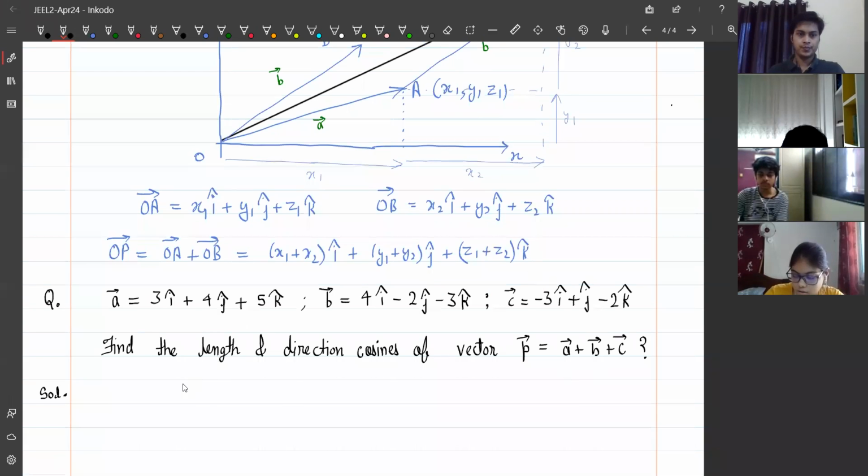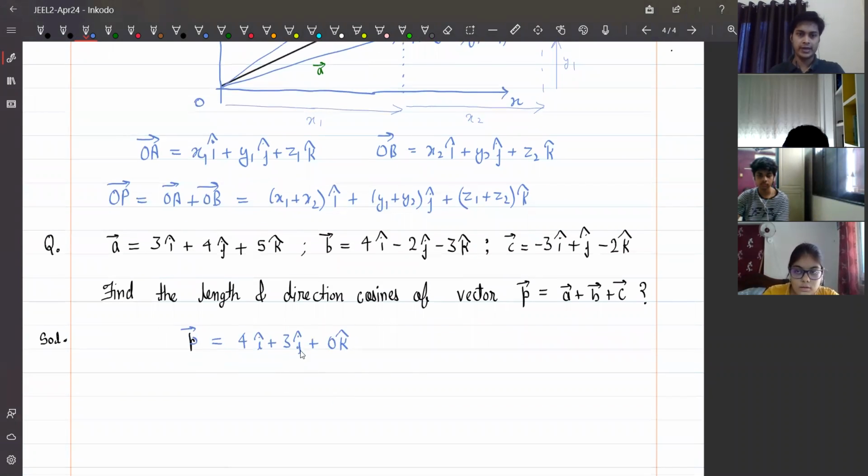Yes, so 4 i cap plus 3 j cap plus 0 k cap. We can ignore writing k cap, that would also be fine.